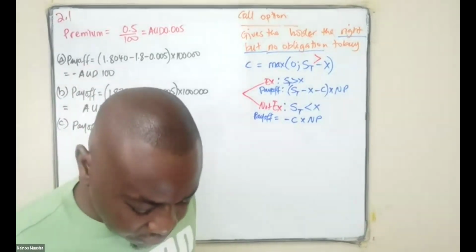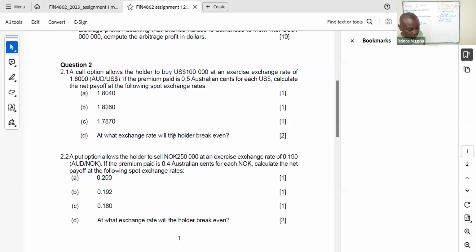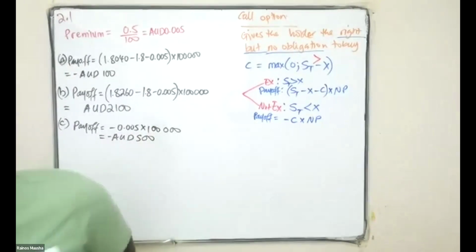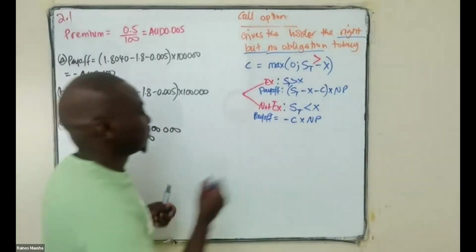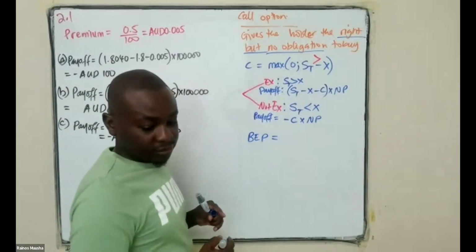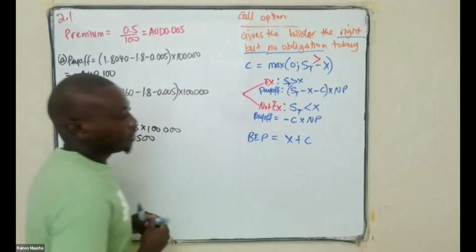Next part of the question, they say, at what exchange rate will the holder break even? Now for the call option premium, the break-even point is given as the exercise price plus the call option premium.